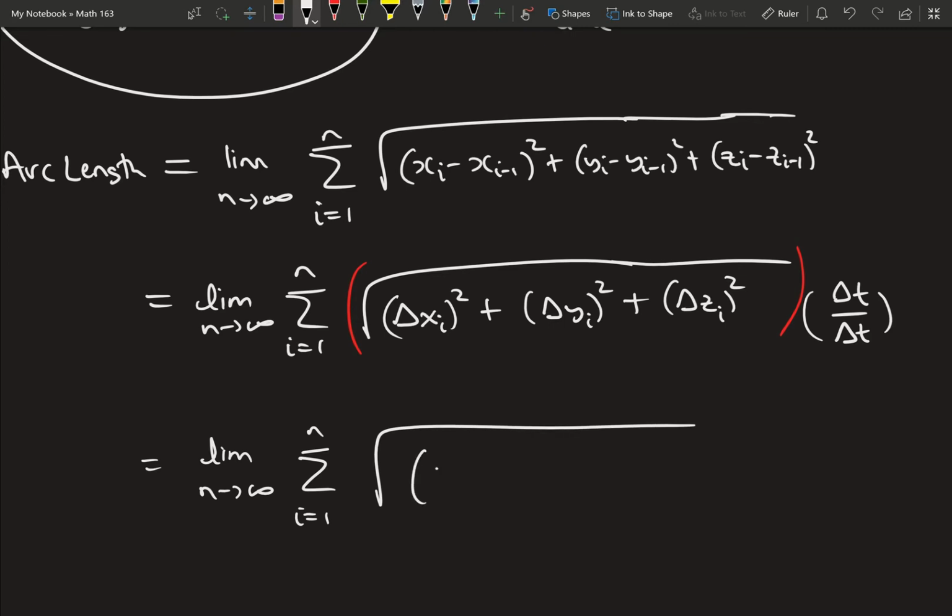and here we get delta xi divided by delta t squared. When you throw the denominator delta t into the square root, it squares, and hence we get this guy squared.